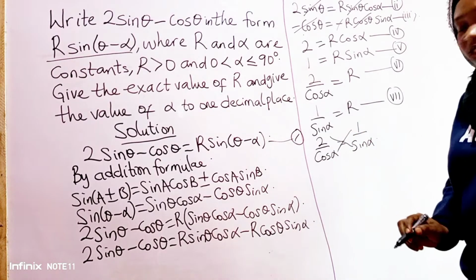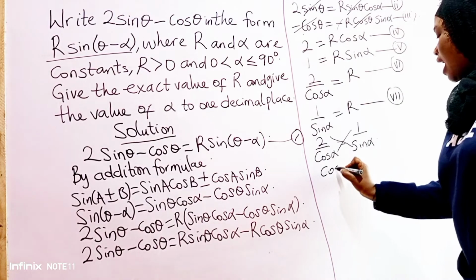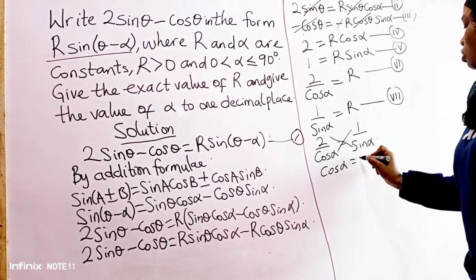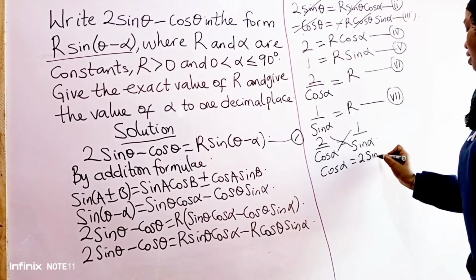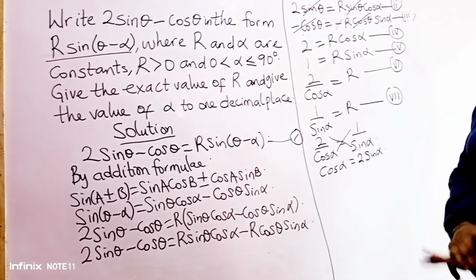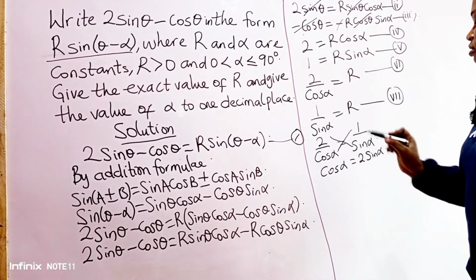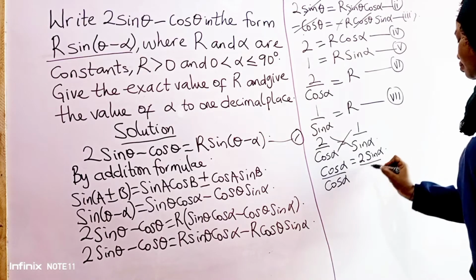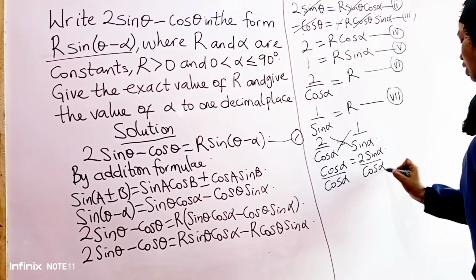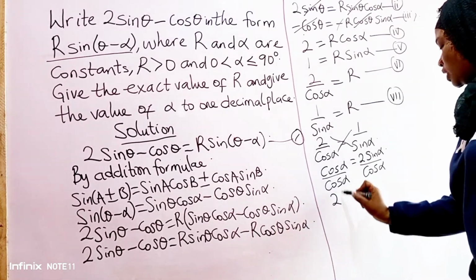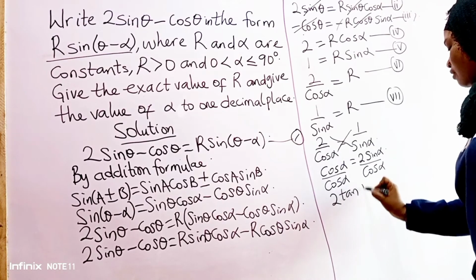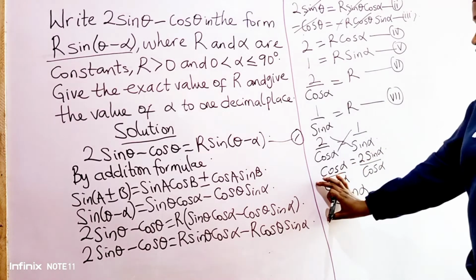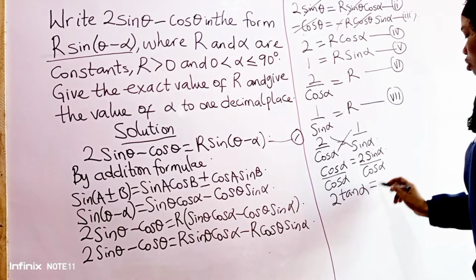Cross multiplication gives cos α multiplied by 1, which is cos α, equal to 2 sin α. From here, I can divide both sides by cos α. So I have 2 tan α, since I brought the right hand side to the left hand side, equal to 1.